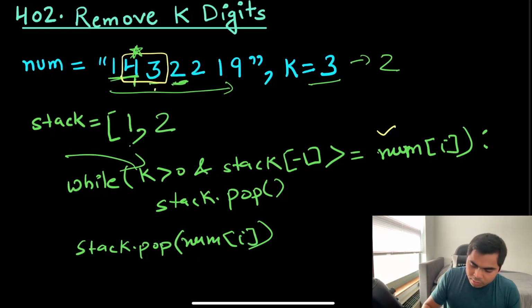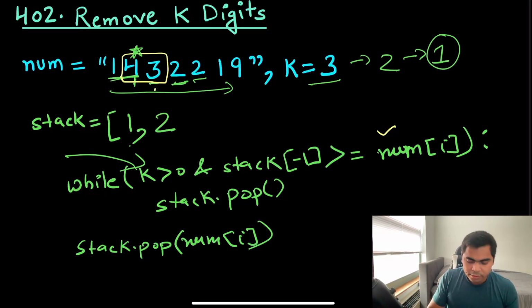Then k comes down to 1. That means I only need to remove one more number. If you see these two right here, it doesn't matter which one I remove, but I will remove one of these because there could be some other numbers, and we would rather have smaller values than keep bigger values on the most significant side.